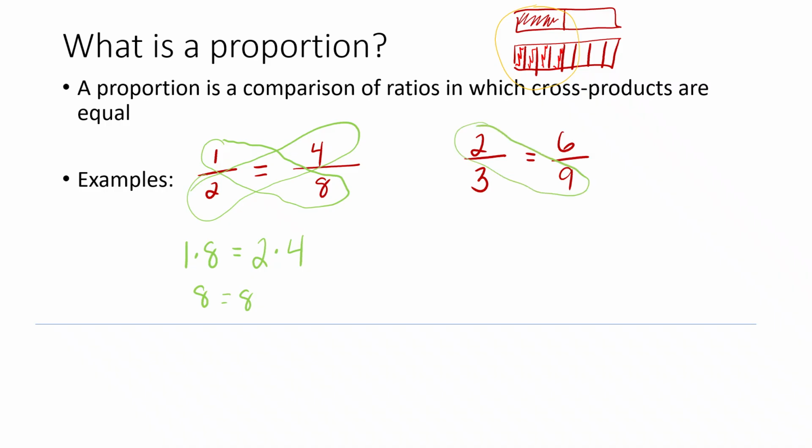So 2 times 9 should be the same value as 3 times 6, and they are. And so I know that those 2 ratios are equal. That's what we mean when we say a proportion, that we have 2 equal ratios and they have this attribute that the cross products are going to be equal.